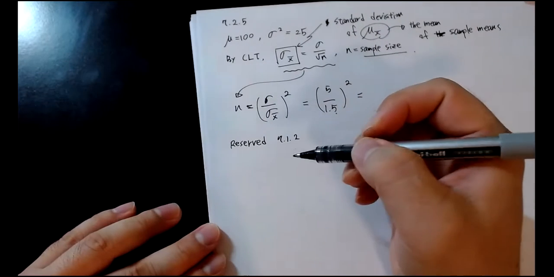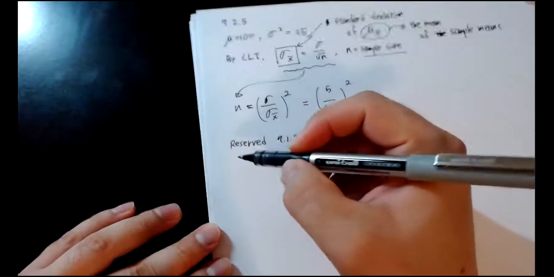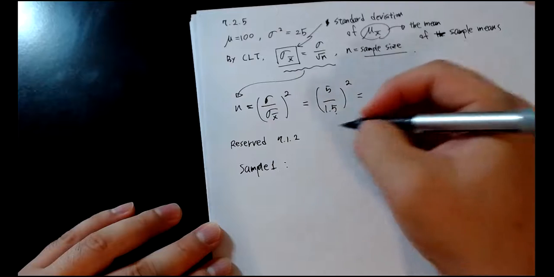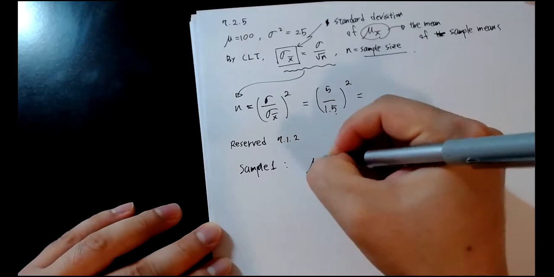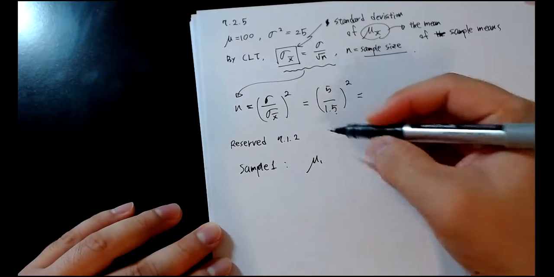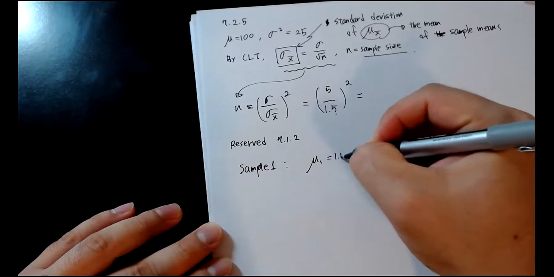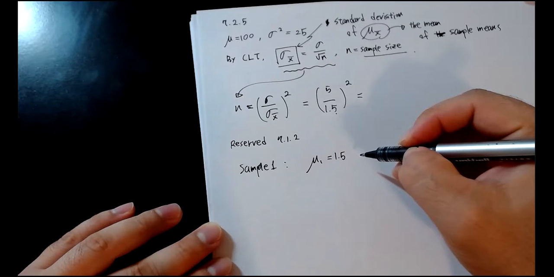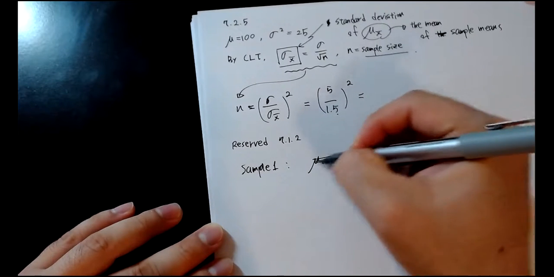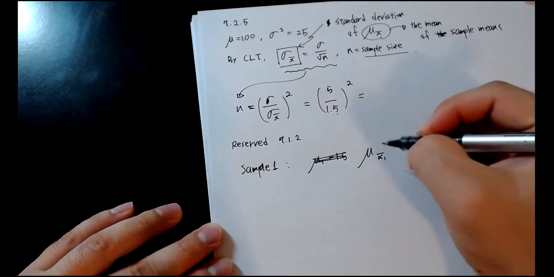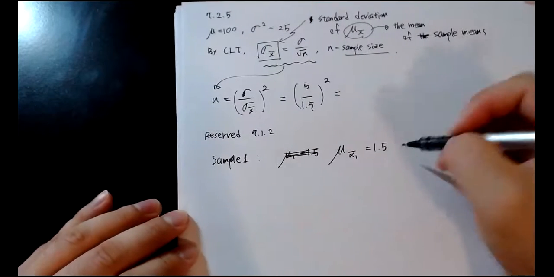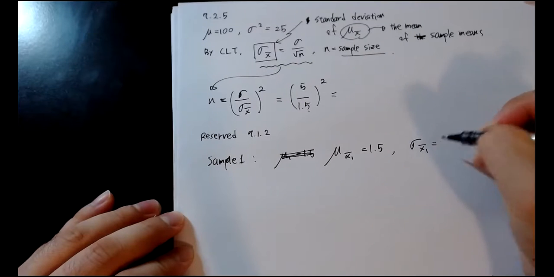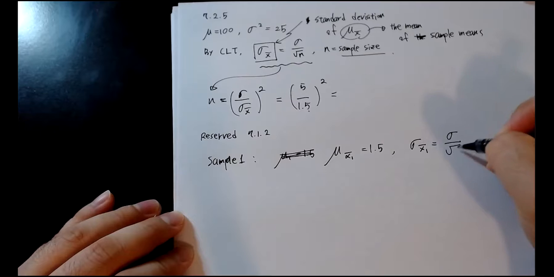For sample one, mu x1 bar is 1.5. And then the standard deviation, sigma x1 bar, is going to be sigma over square root of n1, right?